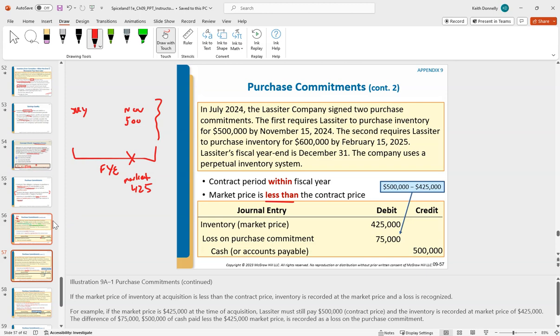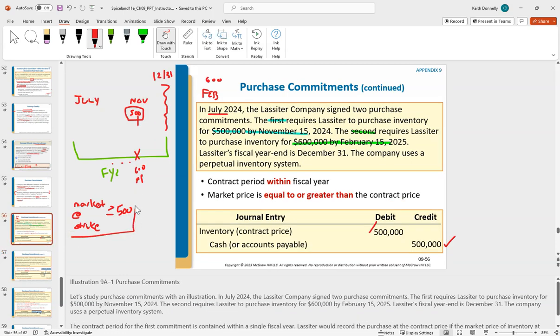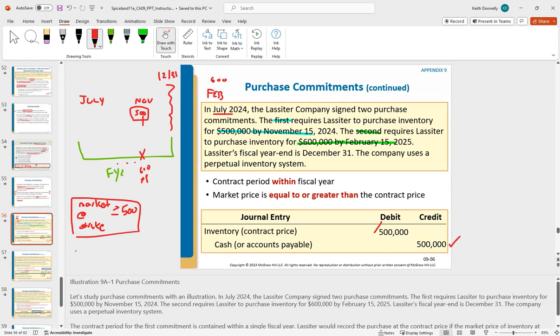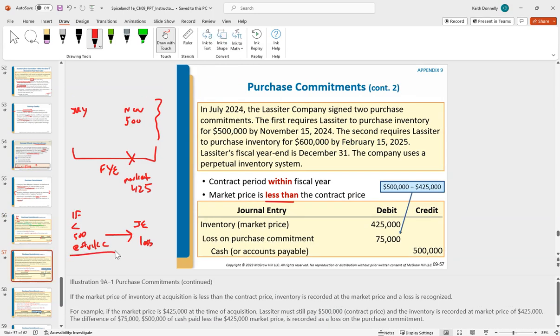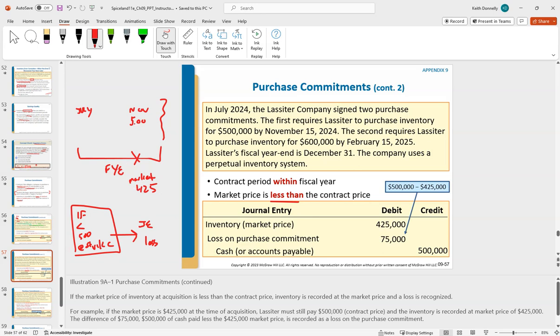So in short, if it's less than 500 at the strike date, then we're going to have a journal entry with a loss in it. Over here, it was greater than or equal to 500 on the strike date. Here, it's less than 500. Again, we're just picking the smaller of the two. Here, 425.